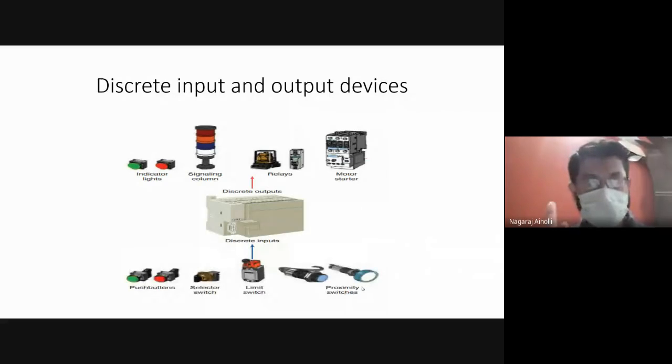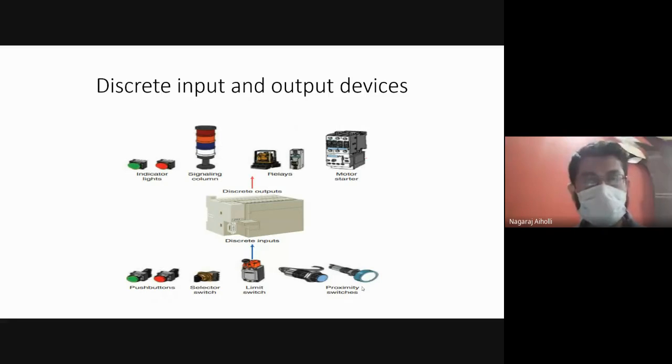There is a certain cutoff. If the distance is, say, 5 centimeters, then the proximity switch will start to operate. It will sense that signal based on the distance, and it will convert that signal into an electrical signal.